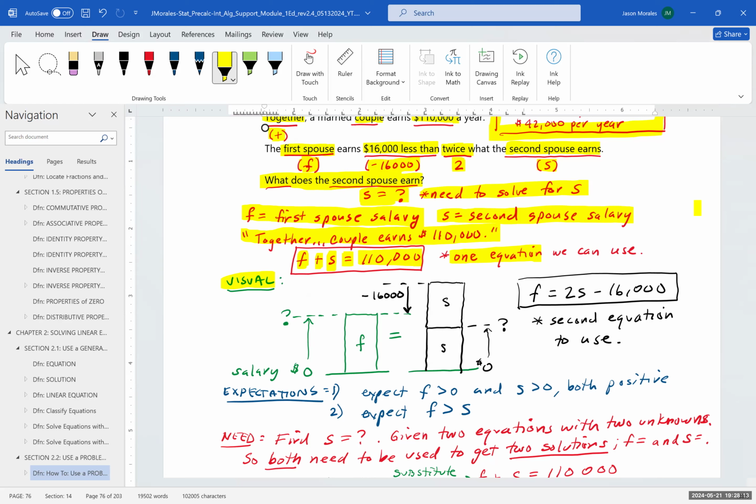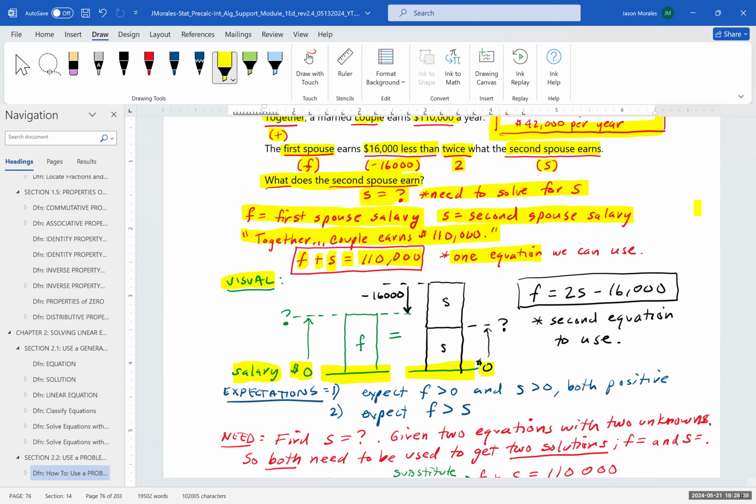Unlike another kind of word problem with snowfall, where we could imagine the ground and the snow accumulating on the ground, we don't have that here with salaries. But we can think of this like a bar graph, where the bottom of the bar chart represents zero salary.